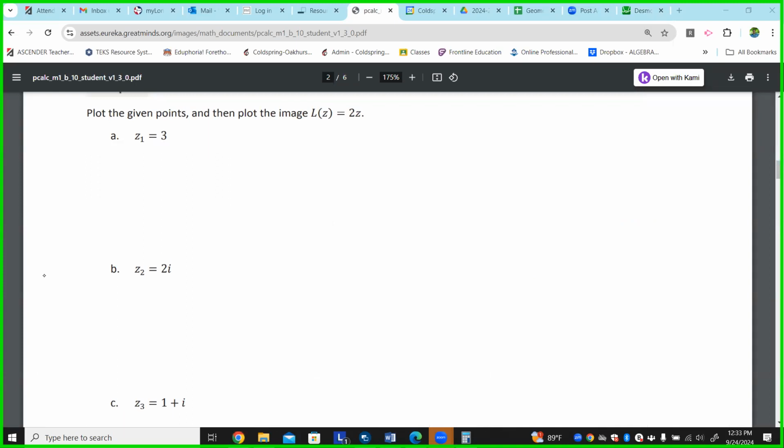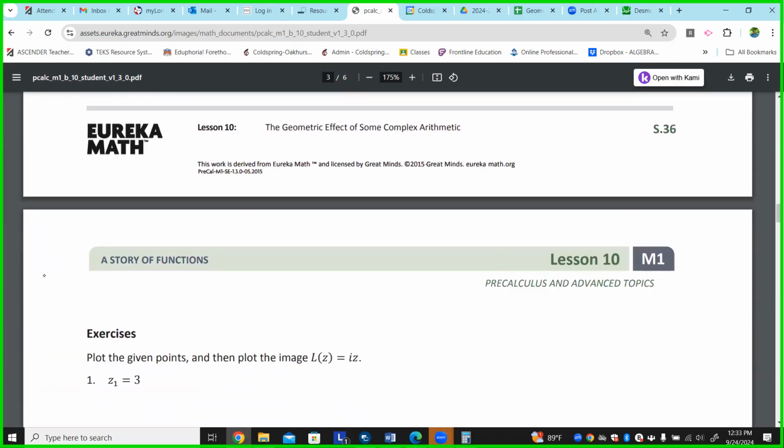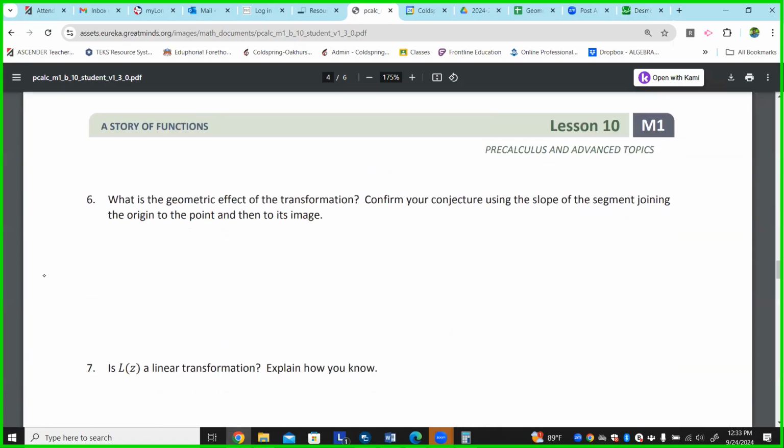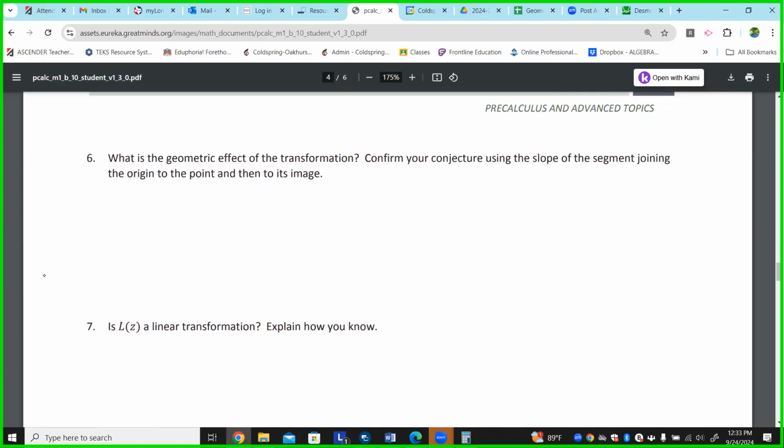And let's talk about what we just found out. So what is the geometric effect of the transformations? What did we see? What specific rotation? And then we went from 45 to 135, we went from 0 to 90.